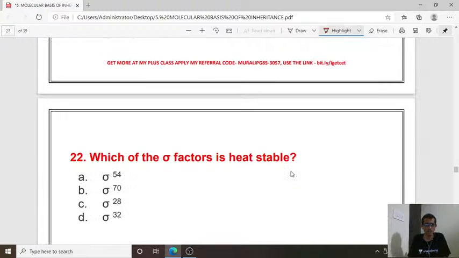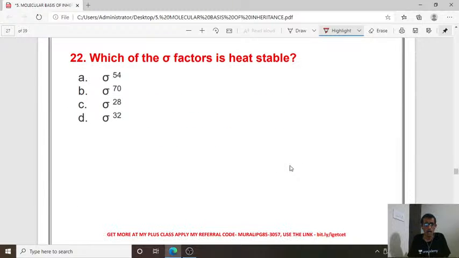And next question. Which of the sigma factors is heat stable? Heat stable during the action of Taq polymerase, isn't it? Thermus aquaticus, in the case of PCR. So which sigma factor is heat stable? For the 22nd question, it is D, sigma 32.